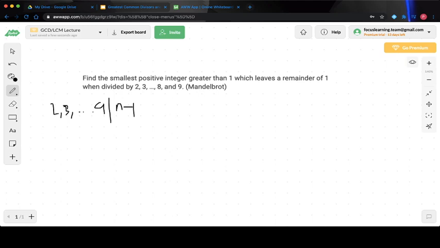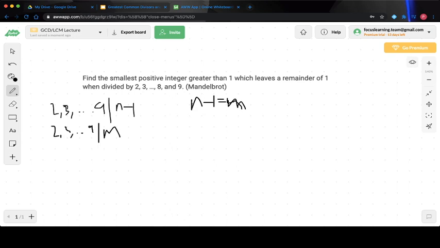So this problem is essentially asking us to find the least common multiple of these numbers. If we make the substitution n minus 1 equals m, this problem becomes 2, 3, and all the way to 9 divides m.